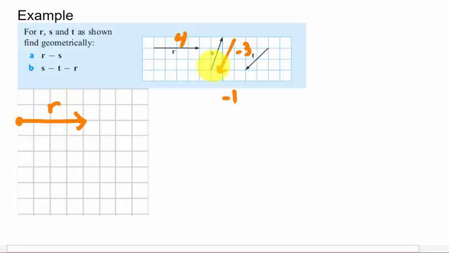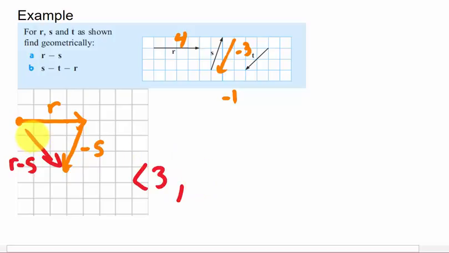And then I'm going to subtract S, so 1 horizontally and 3 vertically. And I'm going to call that -S. So my resultant vector is R minus S. So therefore, it has the position of 3 horizontal units and -3 vertical units. And that is R minus S.